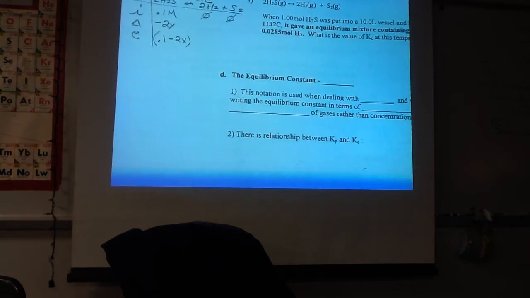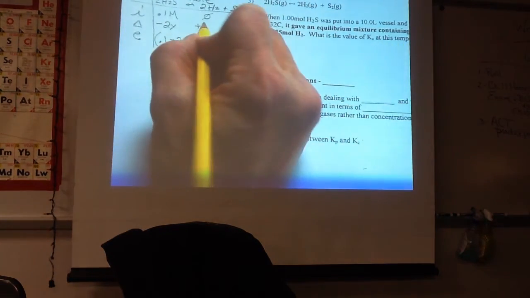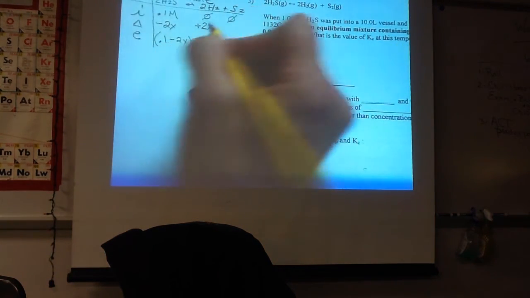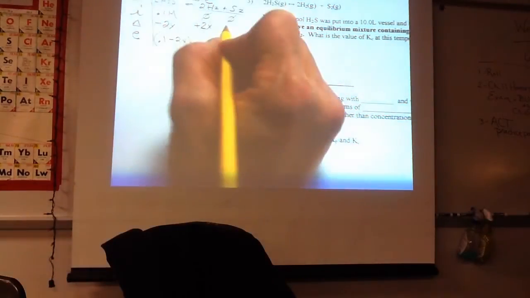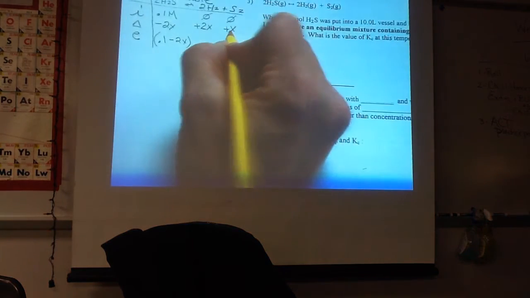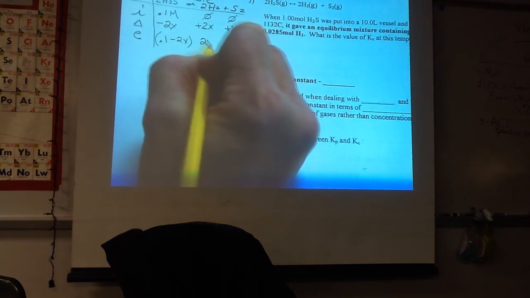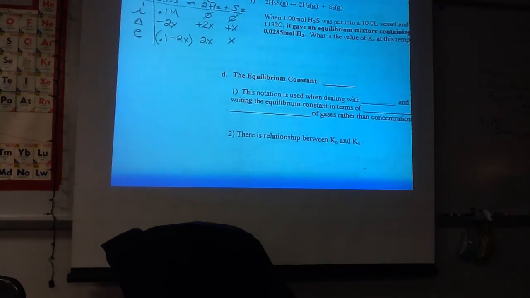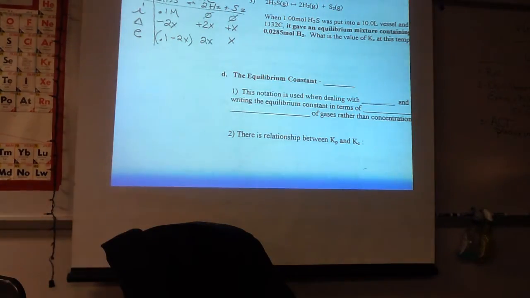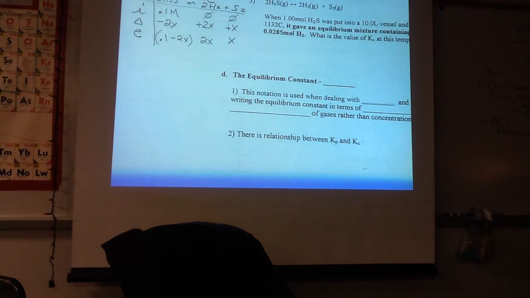All right? How does hydrogen change, folks? Plus 2X. And how does the sulfur change? Plus X. So at equilibrium, these are the algebraic equivalences of each reactant and product.